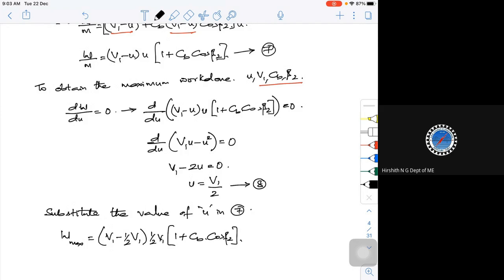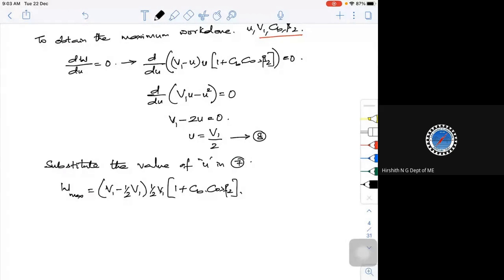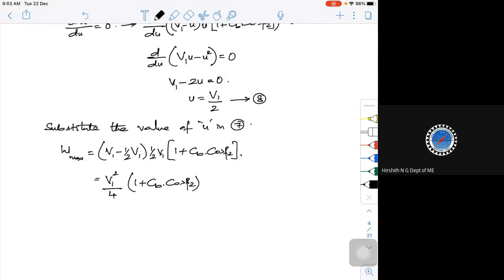If I take V1 outside, this will become V1 square, 1 minus half is half, half into half is 0.25 or 1 by 4. So W max is equal to V1 square by 4 into 1 plus CB into cos beta 2. This is the expression for your maximum work done.